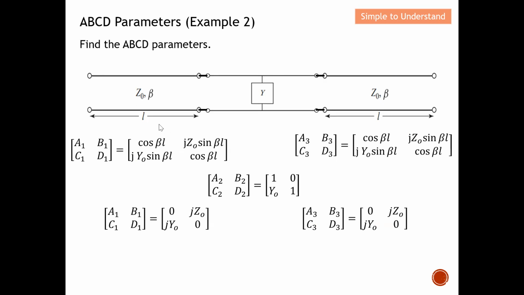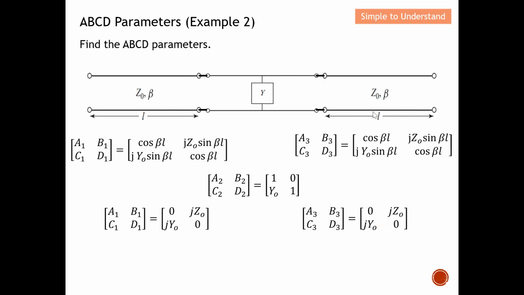As I mentioned earlier on, this pair of ABCD is used to describe a transmission line. This set of ABCD is used to describe this kind of configuration. And the third part here, the third set of ABCD, again is used to describe a transmission line.